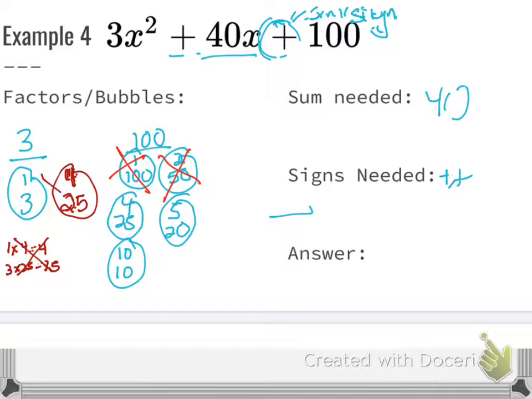Now we can do the crisscross. 1 and 25 is 25. 3 and 4 is 12. That gives me 37, not 40. Okay, so we know this one's not going to work out for us. Let's go on to our next one. Okay, we're going to go 5 and 20.